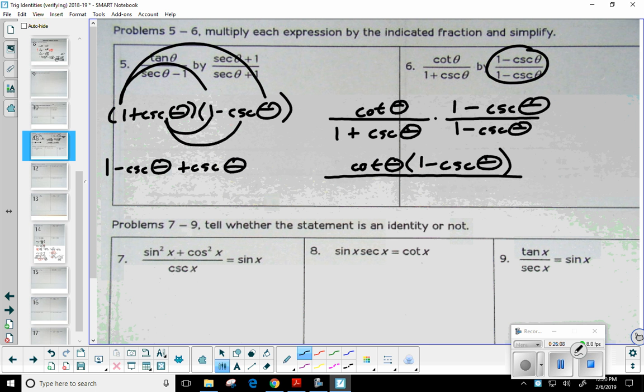And then the last, negative cosecant squared. And you'll notice what happened. The middle cosecants cancel. There you go. If they're conjugates, those like terms are always going to cancel. So what I'm going to end up with here is 1 minus cosecant squared of theta.